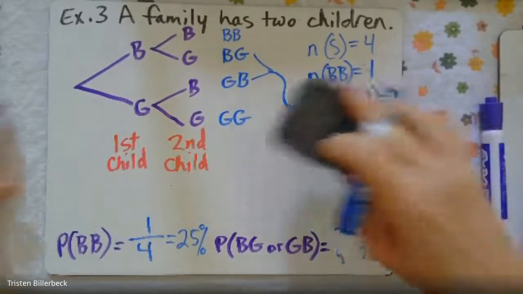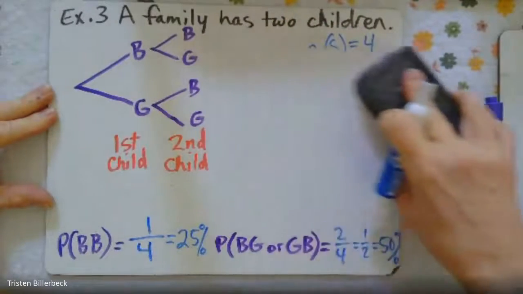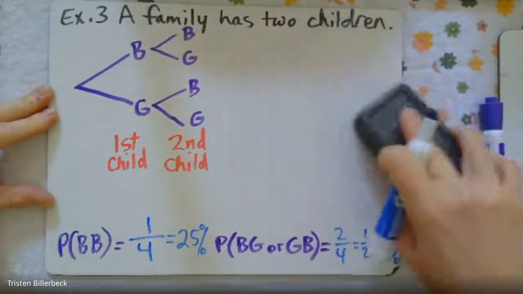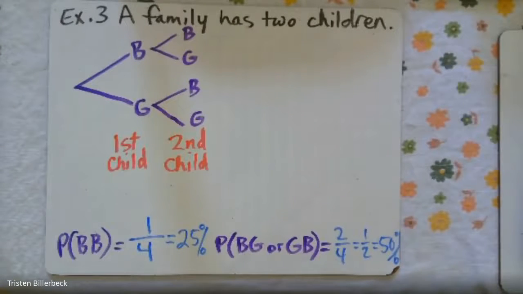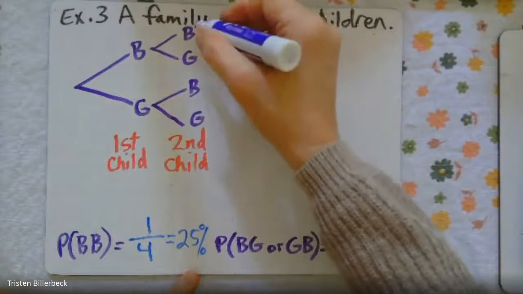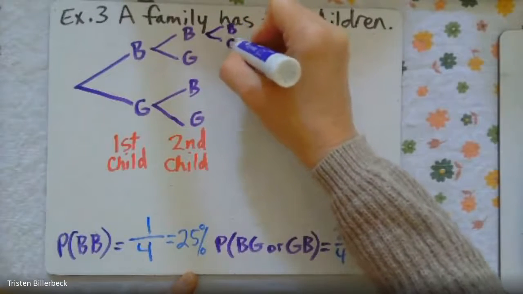Okay, so what if we have a larger family and there's 3 children? This gets interesting. Okay, so let's see the probability of having 3 boys or 3 girls.